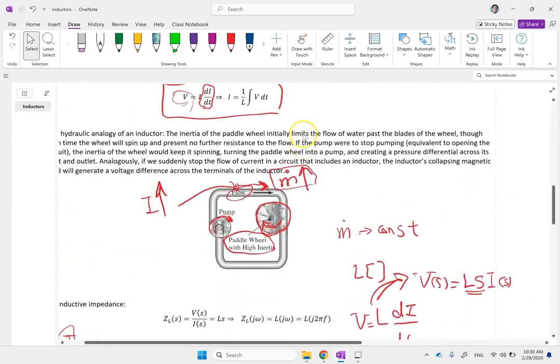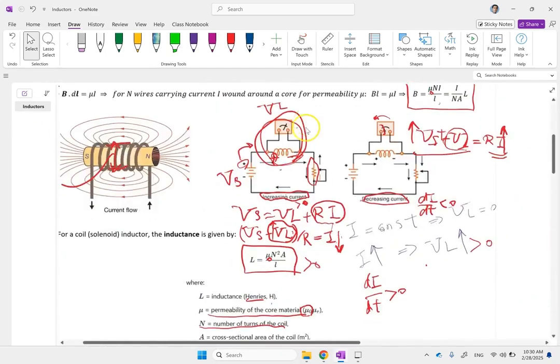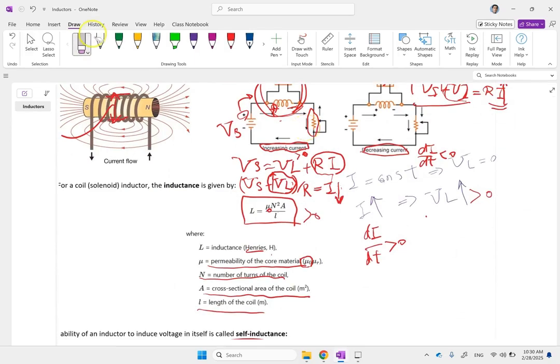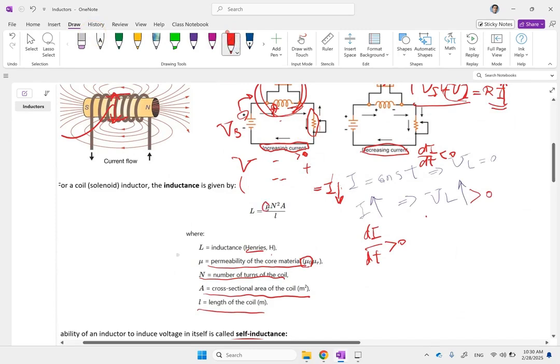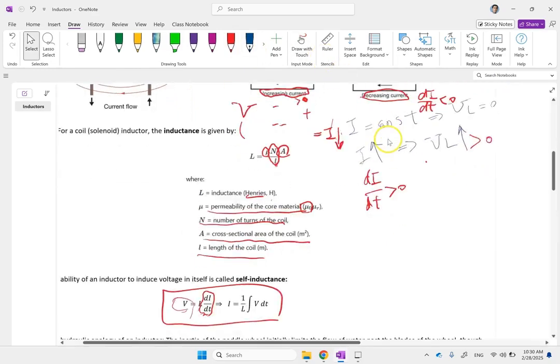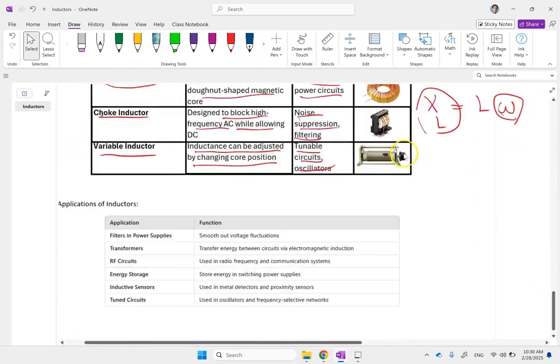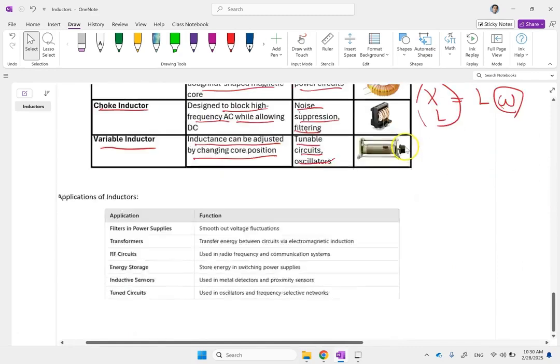As I said, if you go back and look at this formula, the real variable parameter here is N, because mu is constant, that depends on the core. A, you have to squeeze this shape around the core, which is not possible. So what you can change is N over L or just N or L. And most of the time it's the N over L that you are changing. Okay, so you can make a variable inductor.